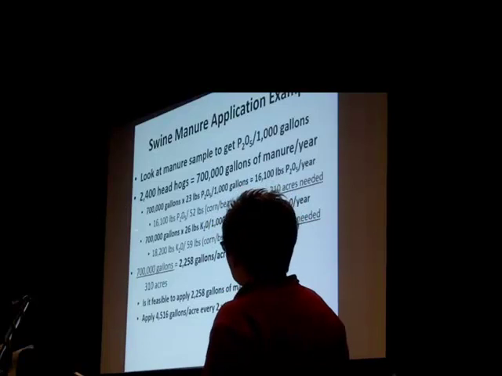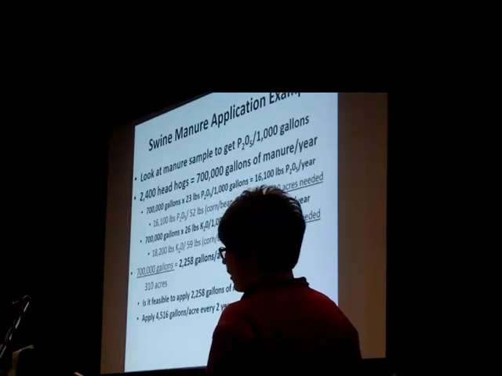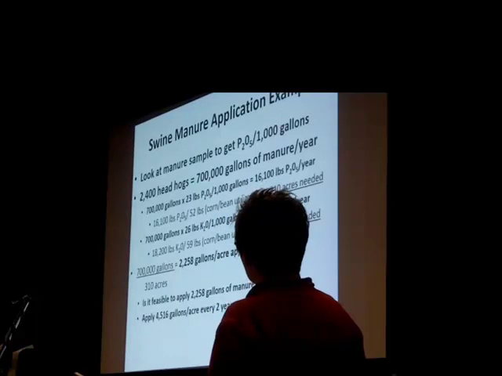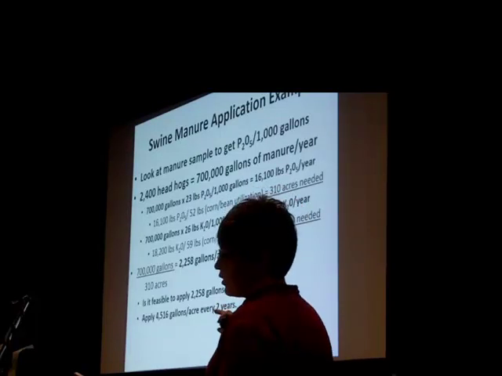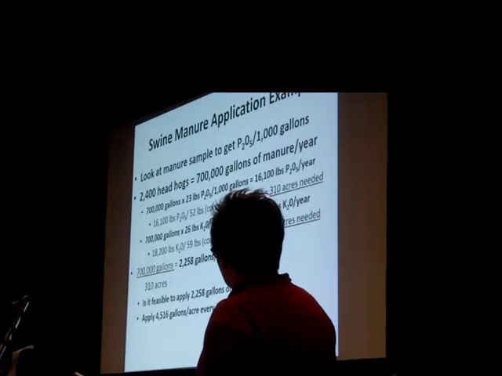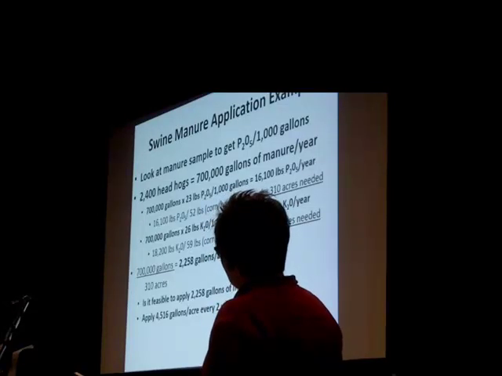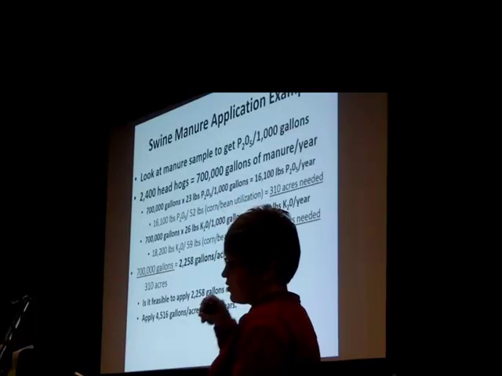That 700,000 gallons times your 23 pounds of phosphate per 1,000 gallons that you get off the manure sample equals 16,100 pounds of phosphate produced per year out of that hog barn. And then we're going to take that and divide that up with this corn-bean rotation. Your average removal is 52 pounds per year. So you're going to need, on average, 310 acres to utilize that phosphorus and just balance it.